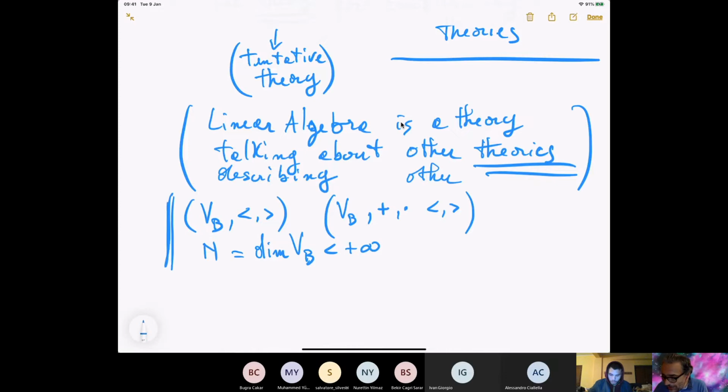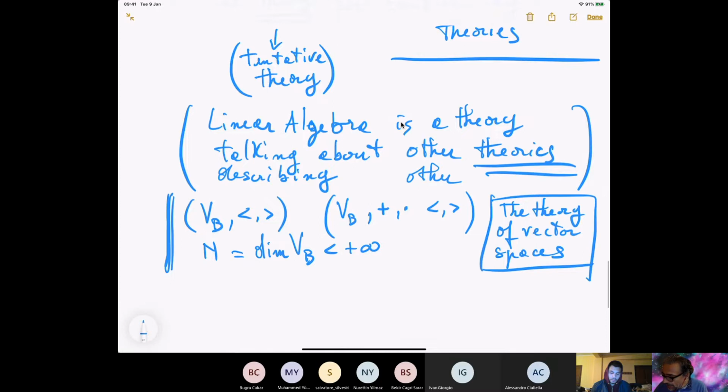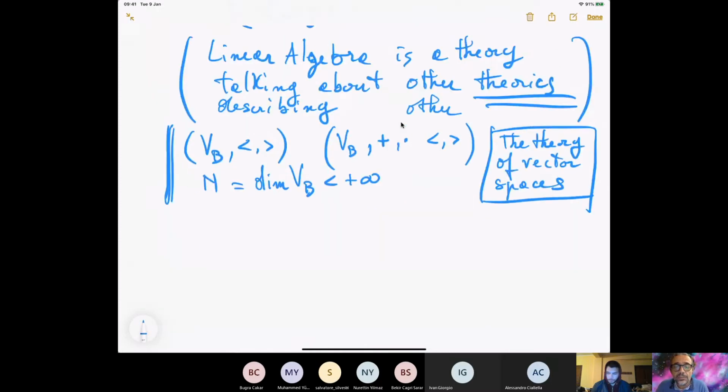So I developed the theory of vector spaces. This theory is applied to what? To the study of R3.